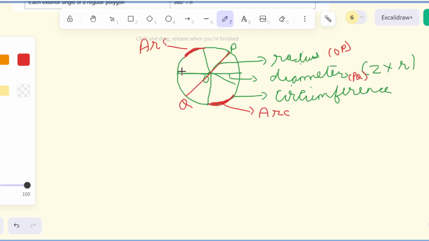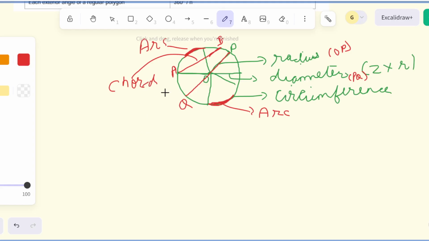And any line within the circle, let it be A and B, any line which intersects the circle at 2 points is known as the chord.